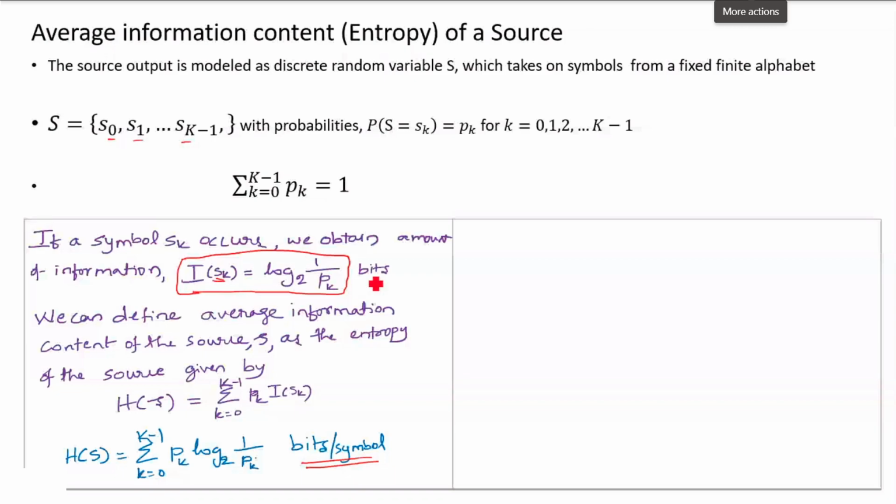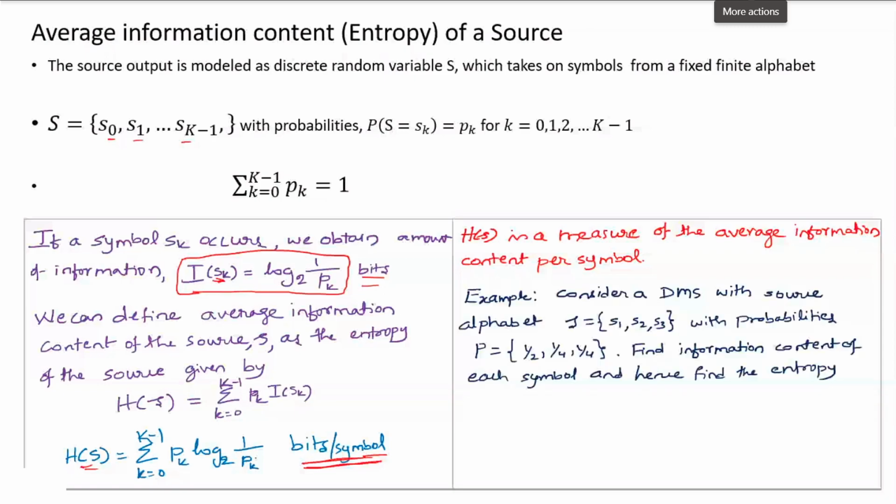I get bits for symbol s_k, and this I get as bits per symbol on an average per symbol. So H(S) is a measure of average information content per symbol of a source.